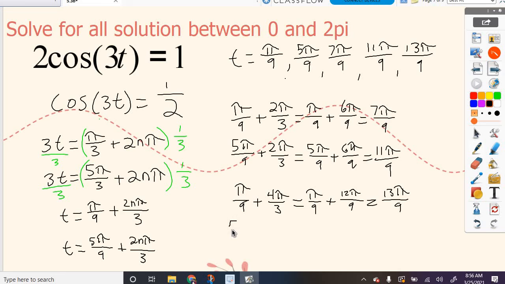Then we also need to do it with our 5 pi over 9. Again, plugging in 2. And we get 17 pi over 9.